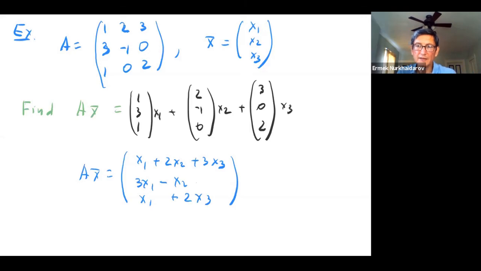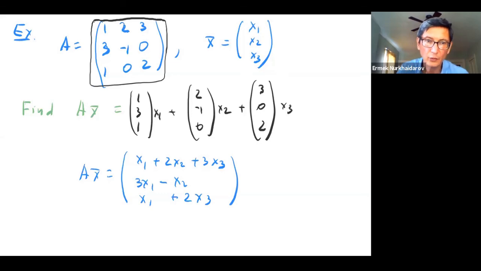Again, that's exactly what we wanted to have, because if you look at what we started with, matrix A, that's a matrix of coefficients, and you want to relate that to your system of linear equations.